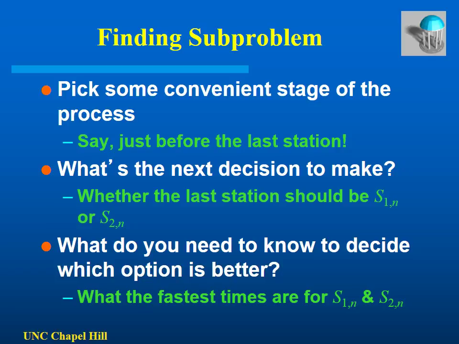But those times consist of both information at those stages, namely the A sub 1n and A sub 2n values, as well as the exit times from those stages. They depend not only on that, but also the times for getting to S1n and S2n, respectively.